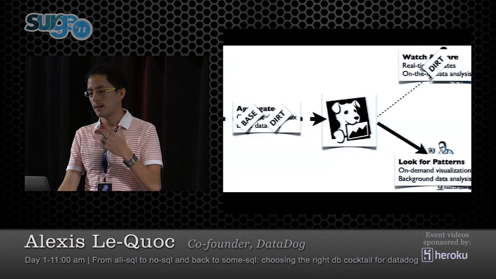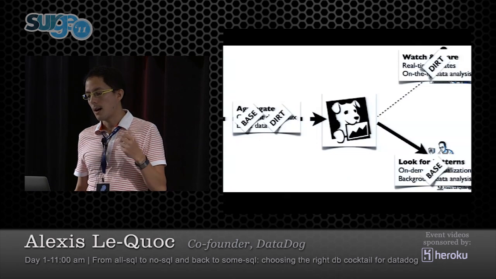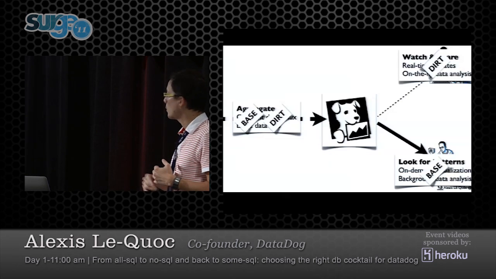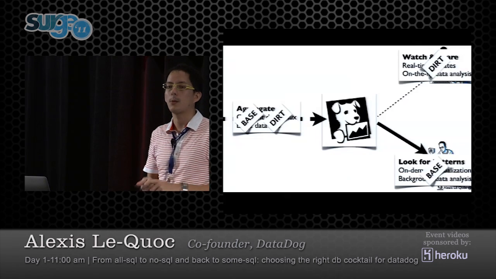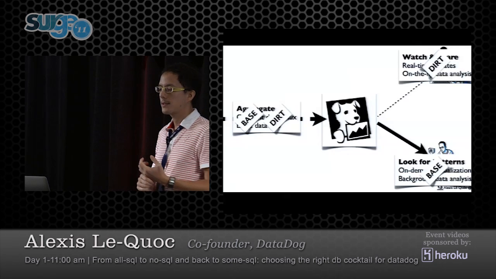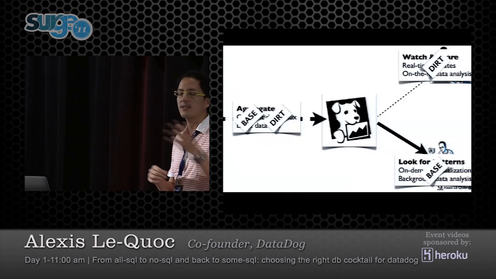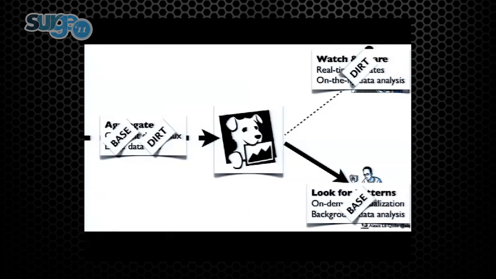That's the data-intensive real-time aspect. And for people who are looking for patterns, the kind of data store they're interested in is much more like a BASE data store. Regardless of how much data you're looking at, they should always be able to request it and get the answer.